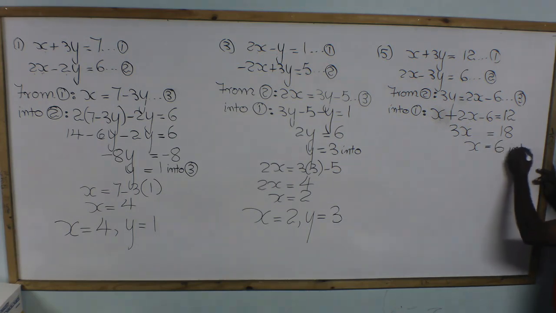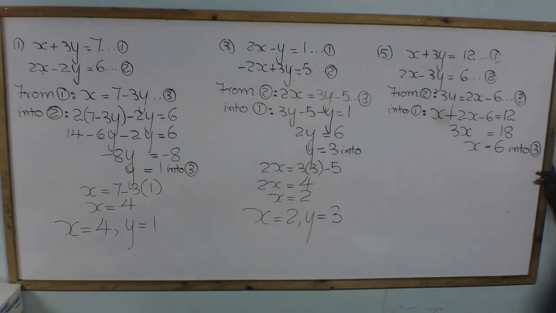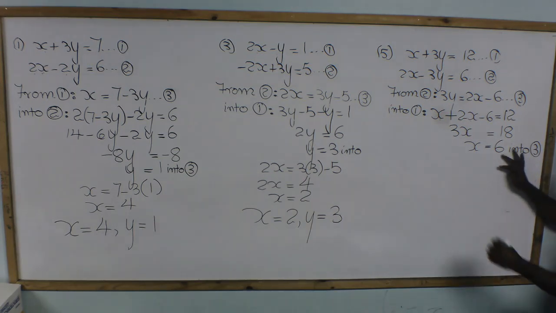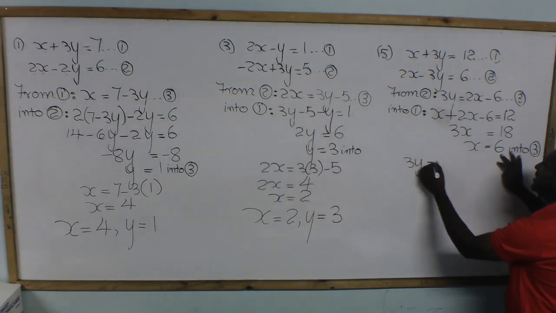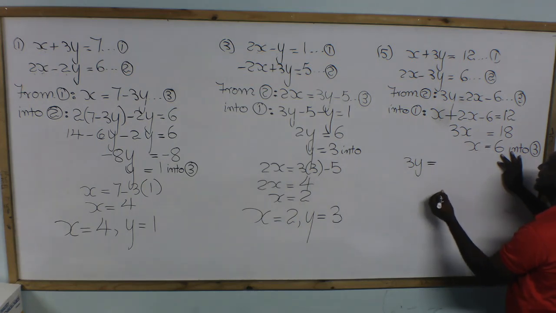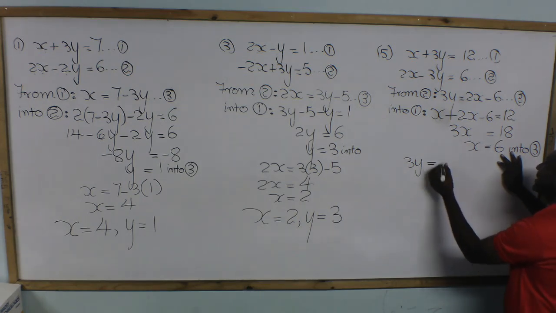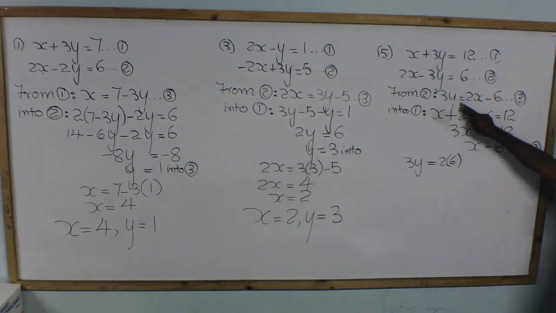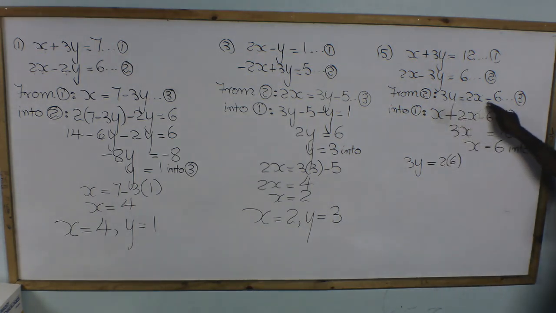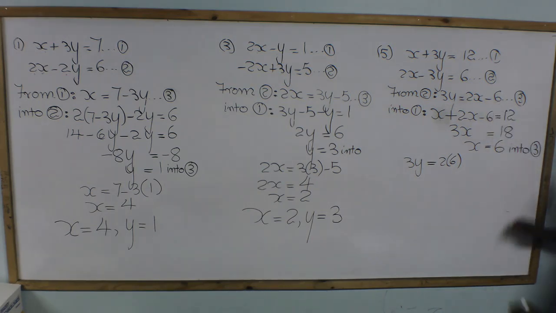And we will put that into which equation? Into 3. Put that into equation 3. So we say what? 3y equals 2 times 6 minus 6.